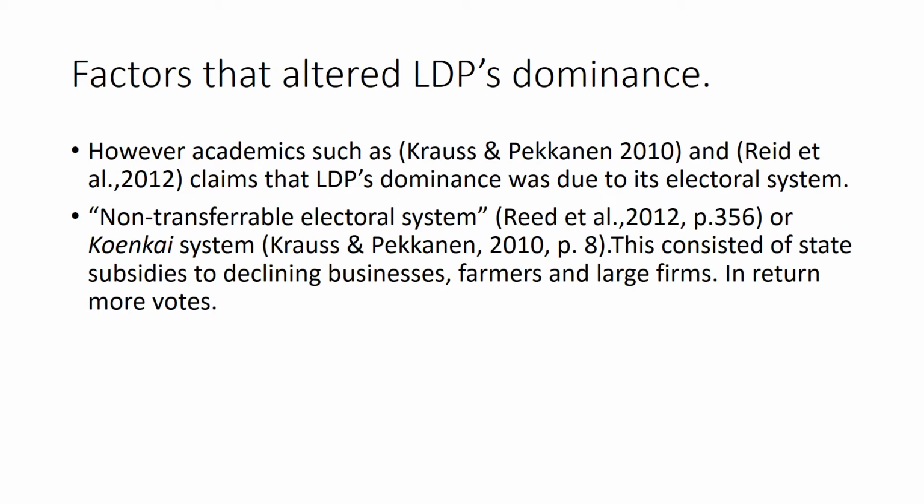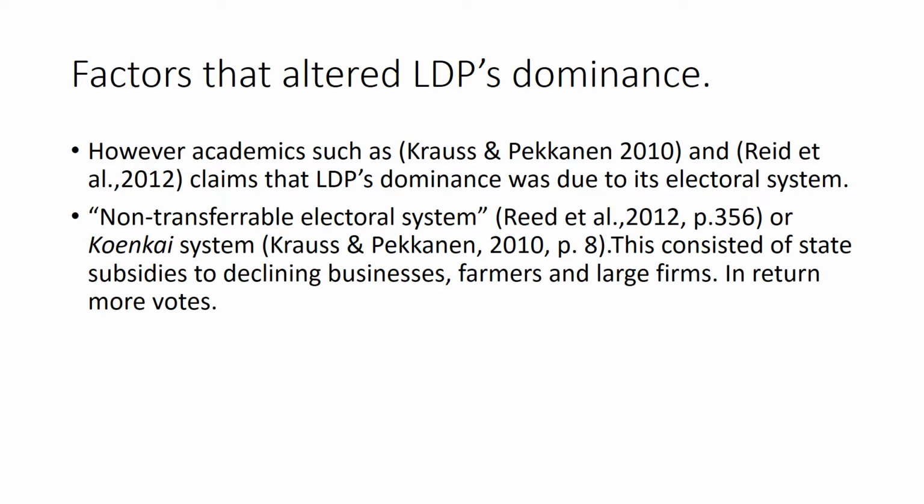Now, what happened was, in 1994, the government decided to change the electoral system so it doesn't benefit the dominant LDP. So this is what they've done. They've removed a set of incentives for the government's particularistic and clientelistic spending patterns. They removed the candidate-centered politics and the LDP's emphasis on the countryside.